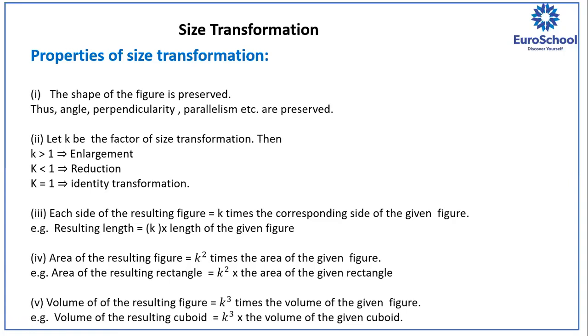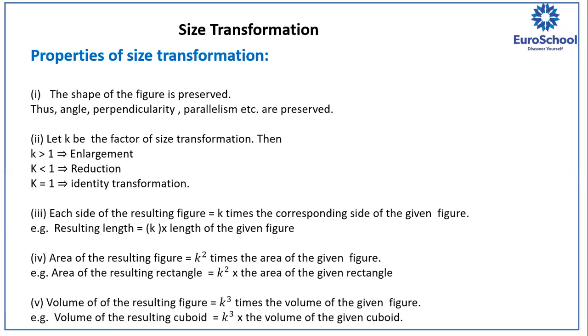So length will be 2L, breadth will be 2B, and 2 is my scale factor. So 2 into L into 2 into B. So we have to multiply the scale factor 2 times, that is scale factor square, into the area of the original, given figure.